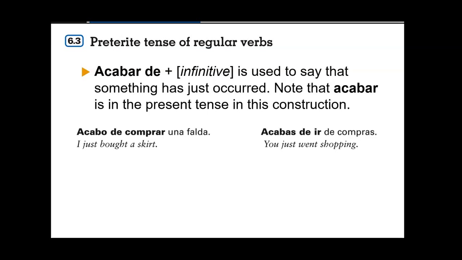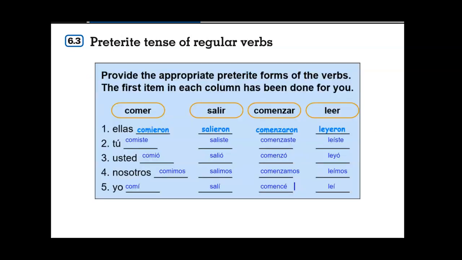You should be finished with your practice, and the next slide is going to show you the answers, so go ahead and check them. You should have had ellas comieron, which was your example, ellas salieron, ellas comenzaron, and ellas leyeron.